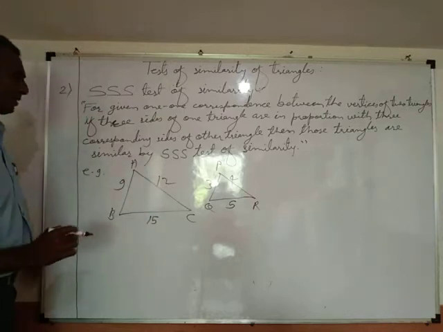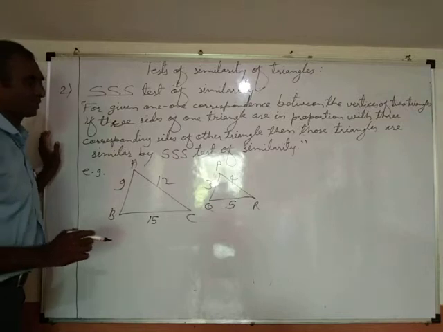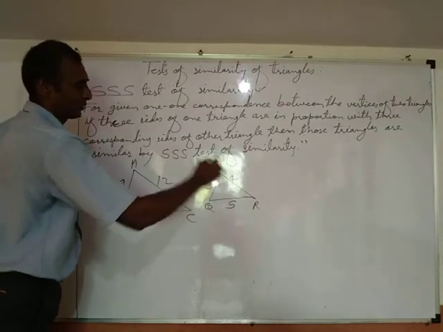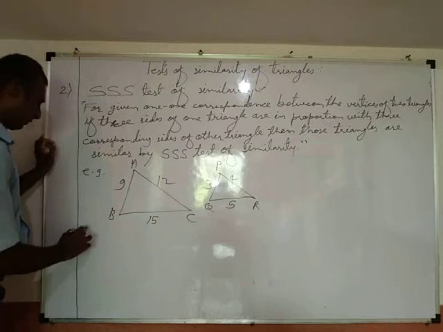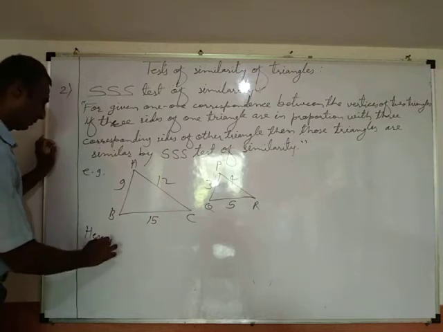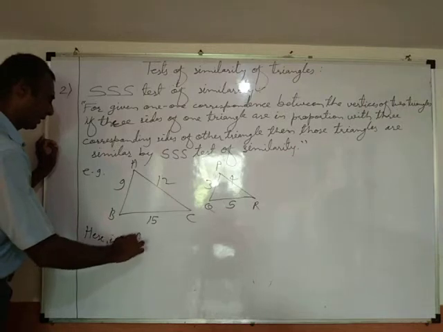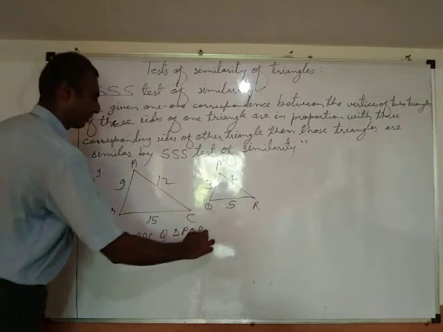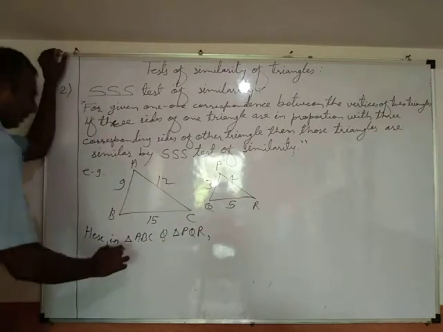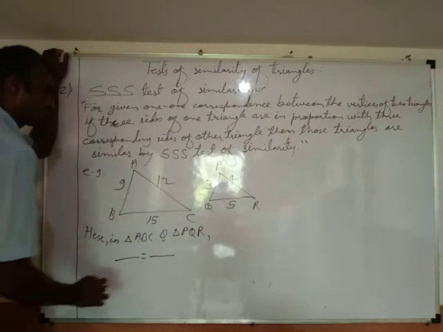AB is 9, BC is 15 and AC is 12. Similarly, PQ is 3, QR is 5 and PR is 4. Here, in a triangle ABC and a triangle PQR, let's find these ratios one by one.